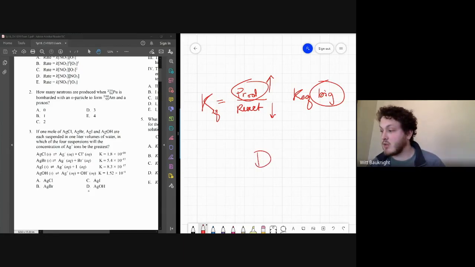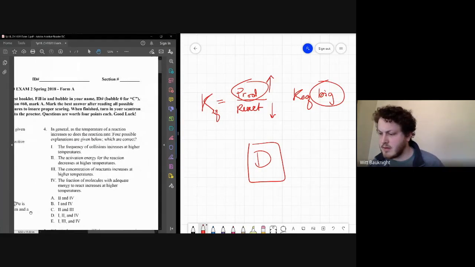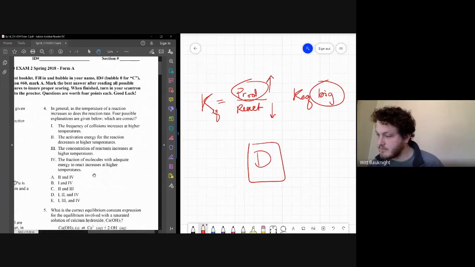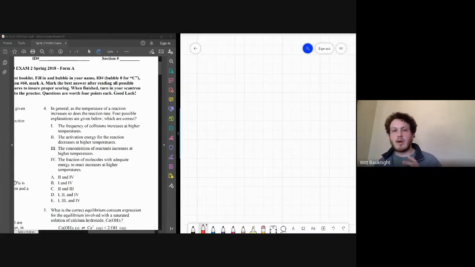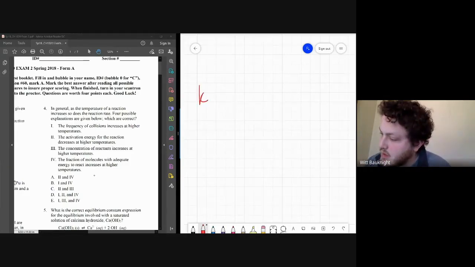So the answer is going to be D. All right, so let's go on to question number 4. So for question number 4, we're asked, in general, as temperature of a reaction increases, so does the reaction rate. And then we were given these 4 statements, so we got to figure out which ones are true. Now first, in the kinetics chapter, we're given this equation.